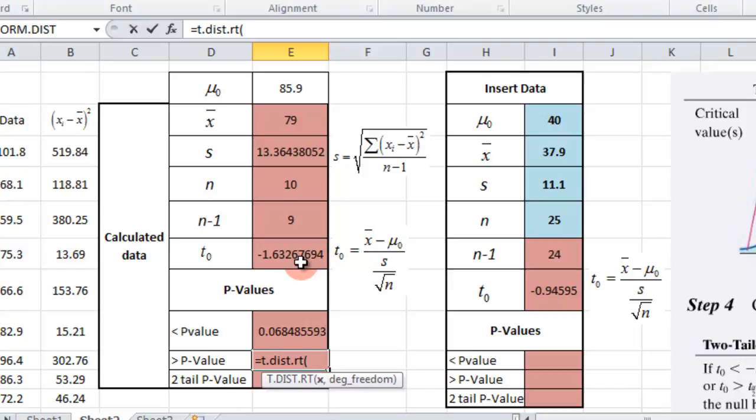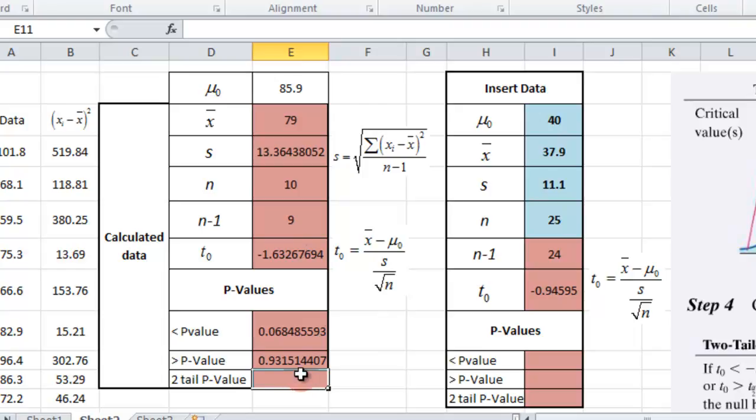We'd use this t-value, and degrees of freedom would be that one again. And we don't have that true to enter. Okay? You can see that those two basically should add up to 1, right? The right tail and left tail. Because it's of this one value. Now when this becomes a positive t-value, that would be the right tail that you're looking for, and it'll be this one, a greater than.